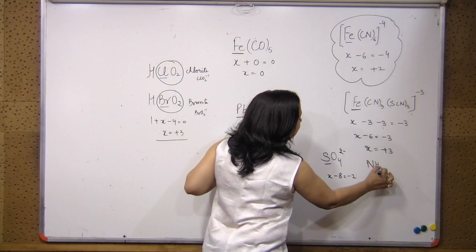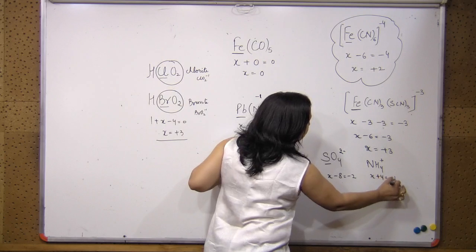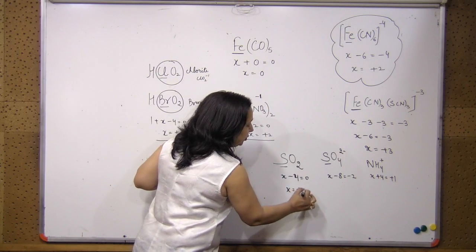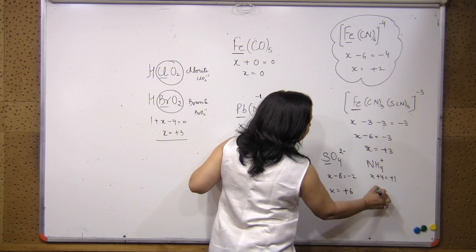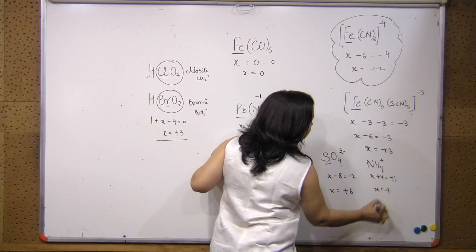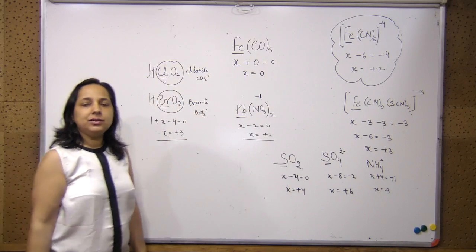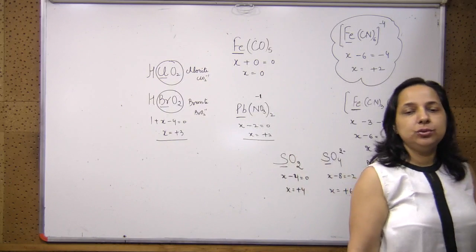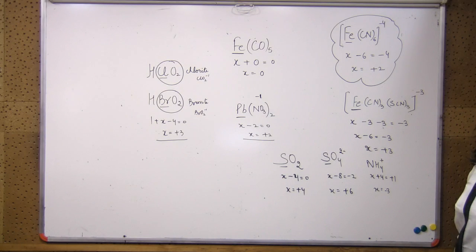If it is a cation, NH4 1 positive, it is x plus 4 is equal to plus 1. Here x comes out to be plus 4, plus 6, and minus 3. So for charged species, the sum total of all oxidation numbers should be equal to the charge on that ion. For neutral, it should be equal to 0.